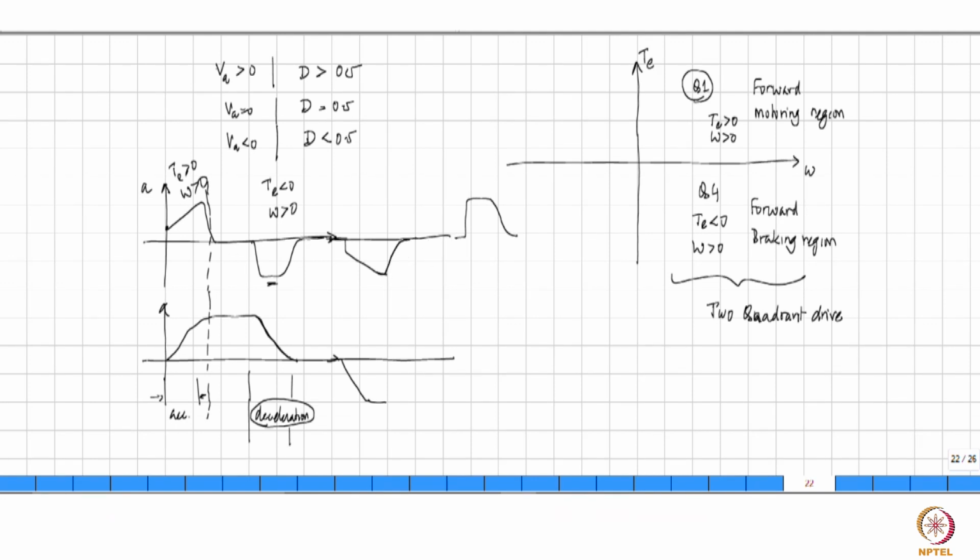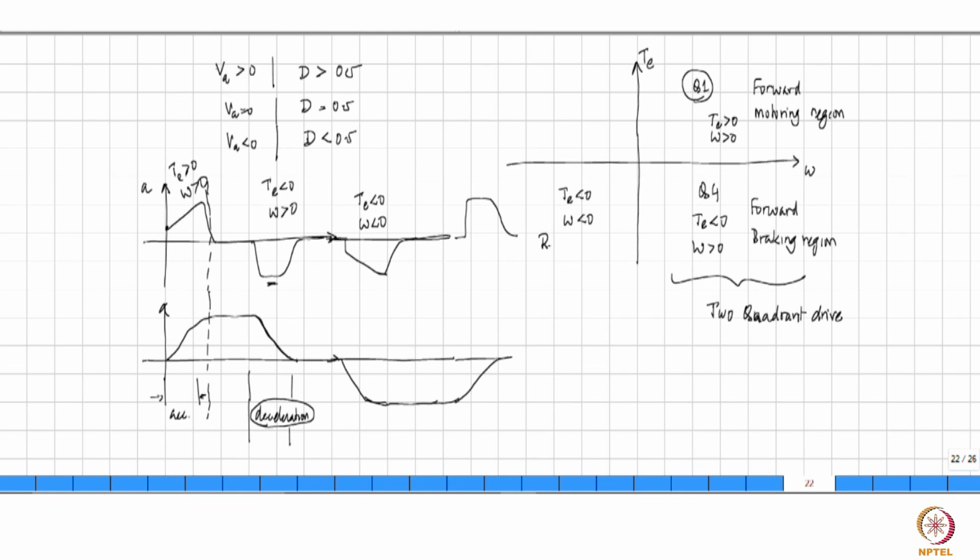So go to 0, and therefore after coming here the speed remains fixed, and then at this point the speed now starts to decrease and then go to 0. So in this region then Te is less than 0, speed is also less than 0. This means you are operating here, Te less than 0 and speed less than 0. But this is really making the motor rotate in the other direction.